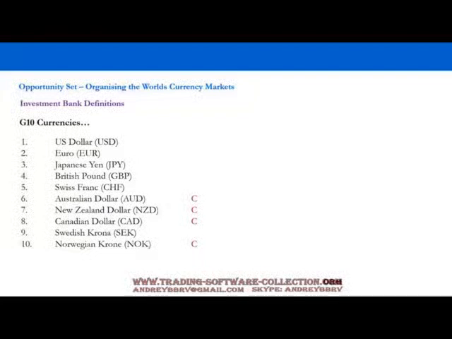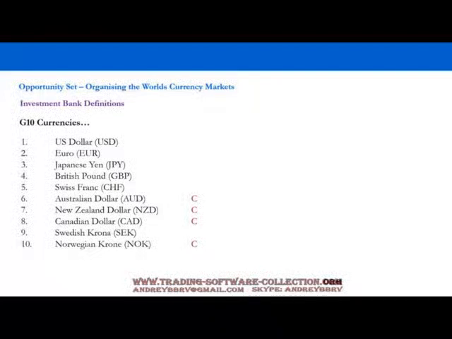And investment banks are simply just the institutional side of retail brokers. So essentially, they're just institutional brokers. They're market makers. They also do have proprietary trading operations. And what's actually quite surprising is that the proprietary trading operations in investment banks would take the same approach that we take, which is different to the approach that the market making side of the investment bank would take in defining currencies.